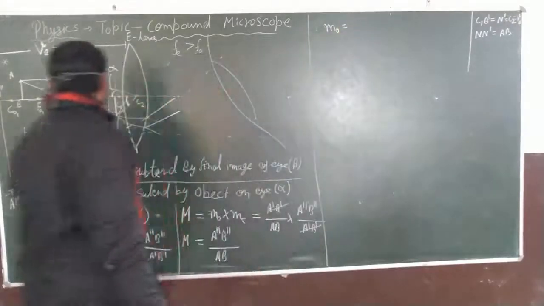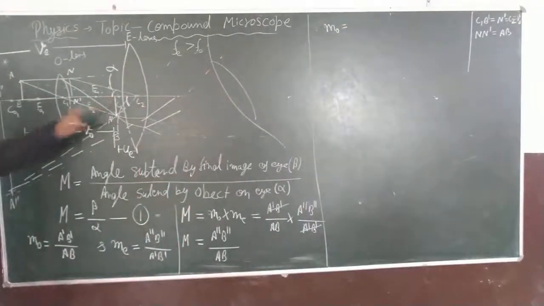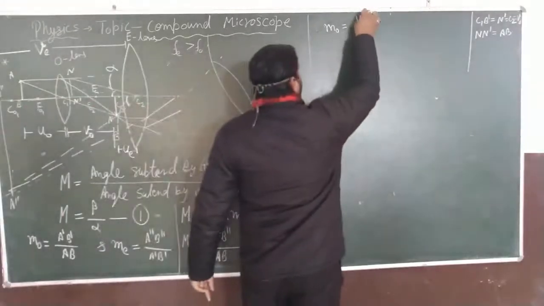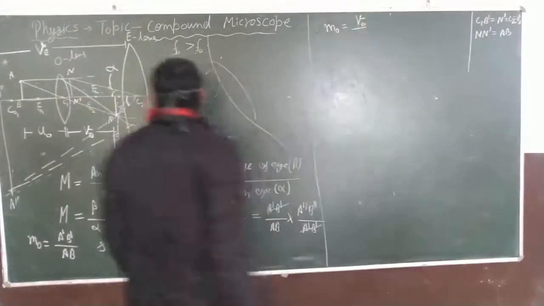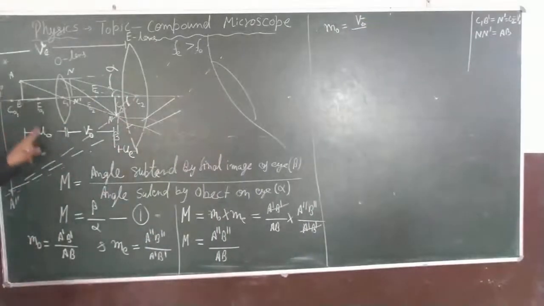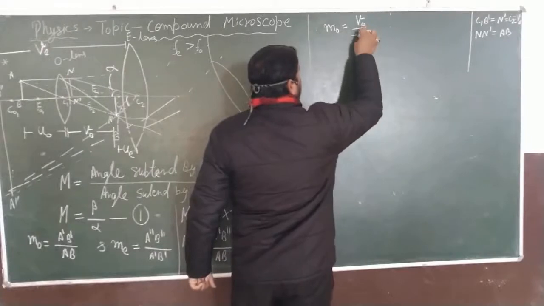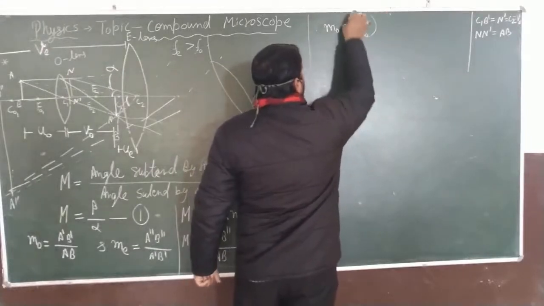Okay, so what is MO? MO is the height, distance of image, that is V naught upon the distance of object, which is U naught, and in front of the lens, so it is minus U naught.